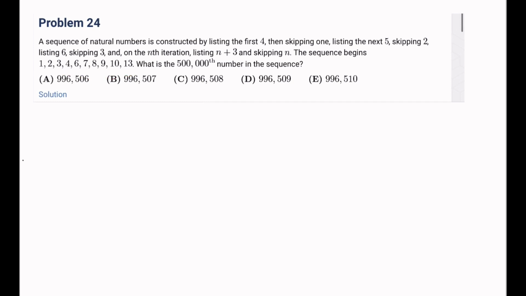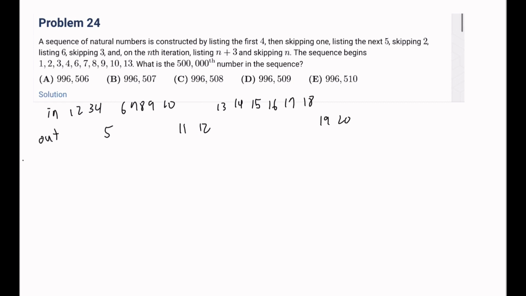And then what we can notice is that we can make an in list and an out list. So in would be 1, 2, 3, 4, and then 5 would be out. 6, 7, 8, 9, 10, 11, 12, 13, 14, 15, 16, 17, 18, and then 19, 20, 21, like that, right?